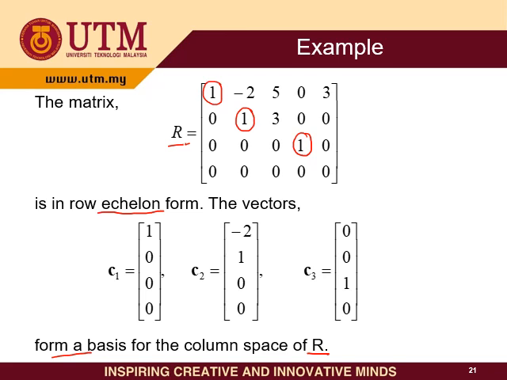So we have our first column, C1, second column, C2, and then the fourth column, C4. This is our basis for the column space of R: C1, C2, and C4.